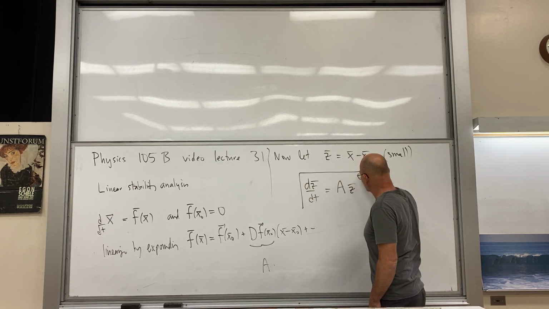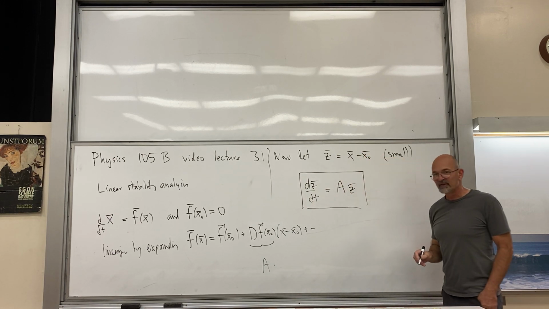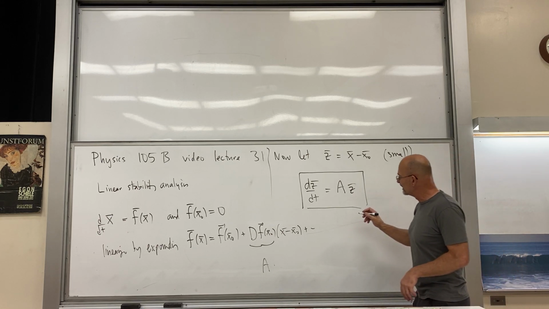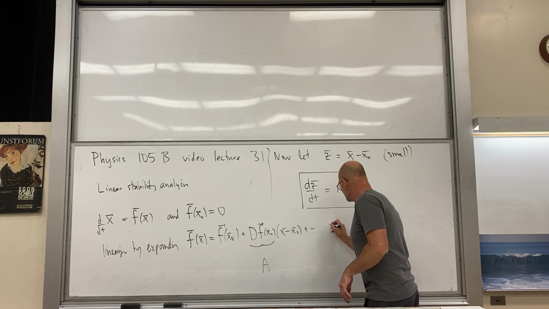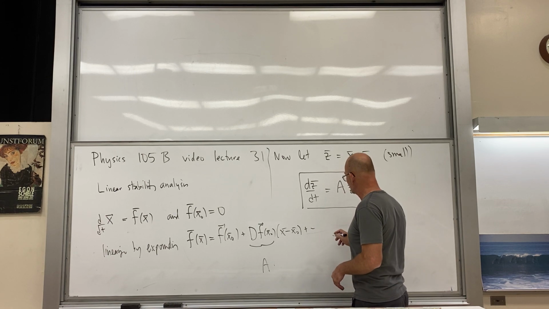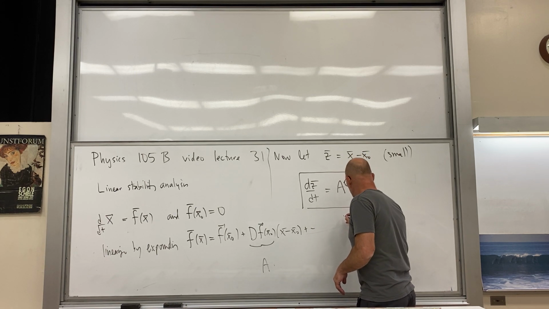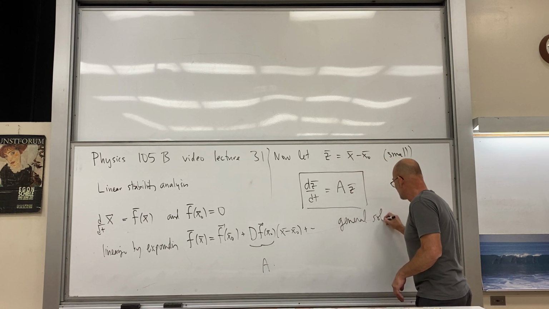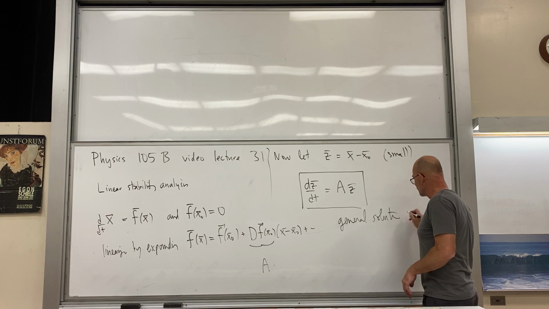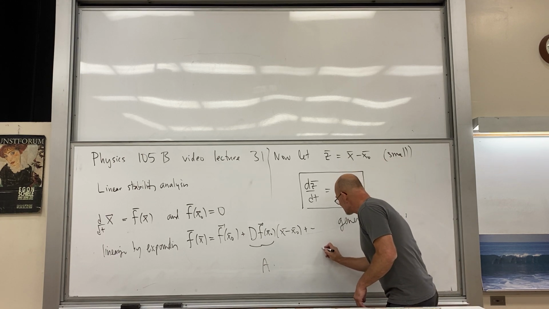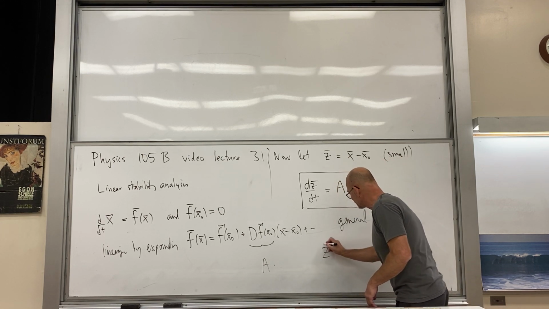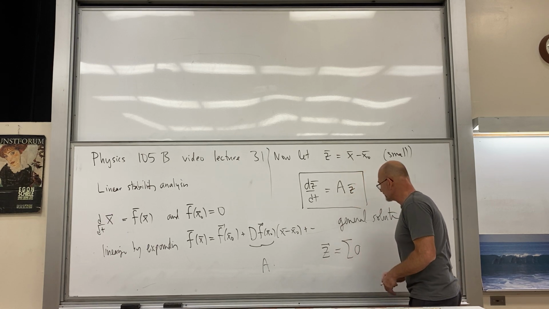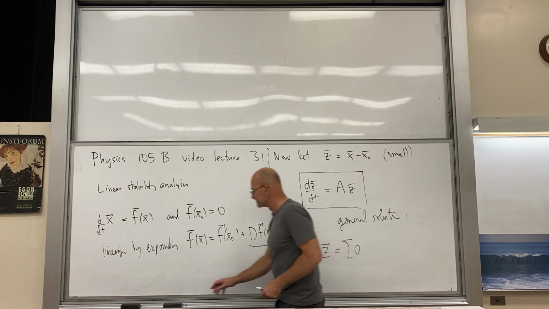So there's a linear differential equation with constant coefficients. And the general solution, write that here, sure. General solution would be z is equal to the sum of, in fact, here I need a little more room.